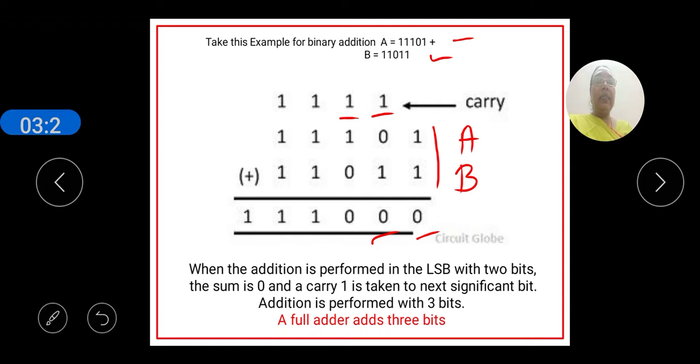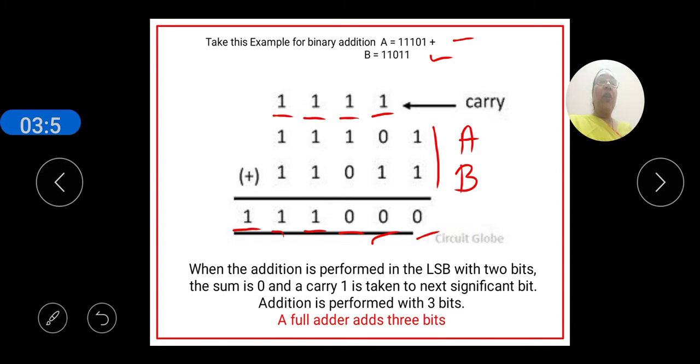So in the third significant bit, we are adding 3 bits, 1 plus 1 plus 0, the sum is 0, and take a carry 1 to the fourth significant bit. So 1 plus 1 plus 1 is 1, and the carry is 1, which is taken to the fifth significant bit. 1 plus 1 plus 1 in the fifth significant bit is 1, with the carry 1 in the sixth significant bit.